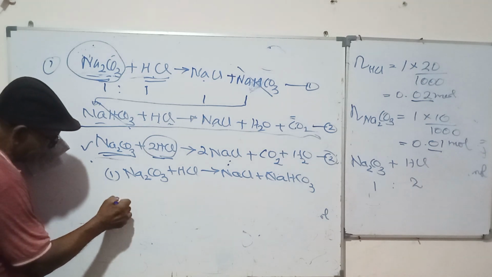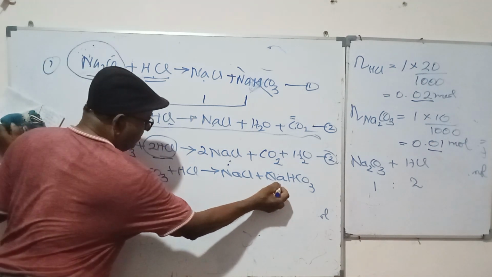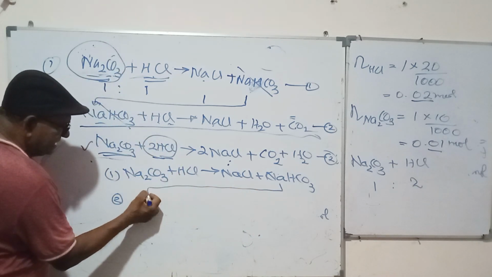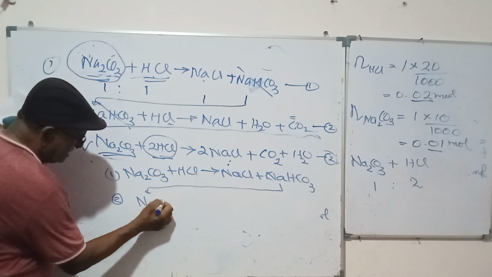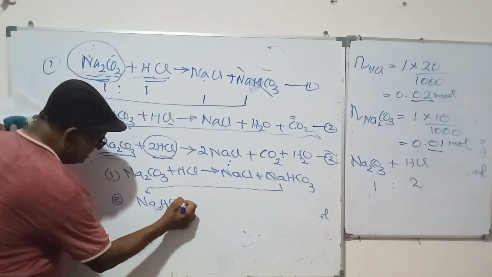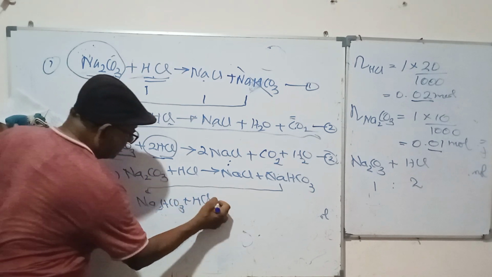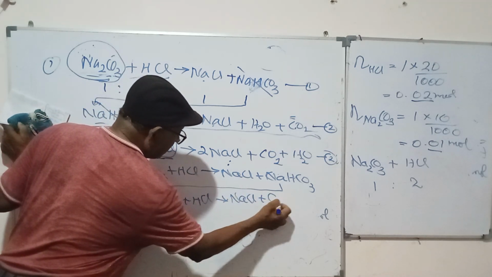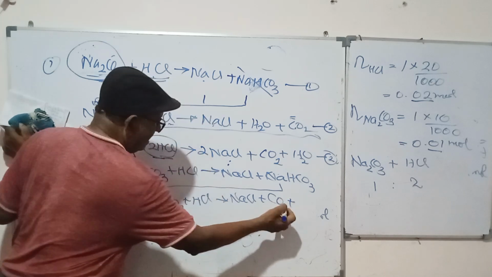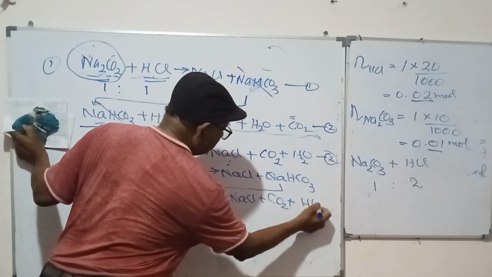At the second step, the sodium bicarbonate so formed again reacts with HCl to give sodium chloride plus carbon dioxide plus water.